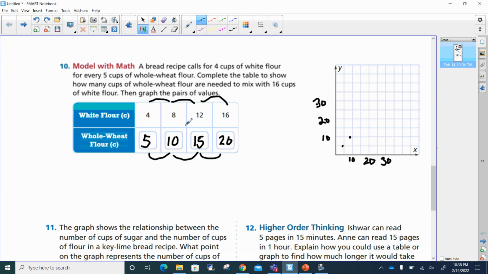And then it says 12 and 15. Well, 12 would be about right here, and 15 would be about right here. And then you got 20 and 16. When this is 16, would be right here. 20 would be about right here.